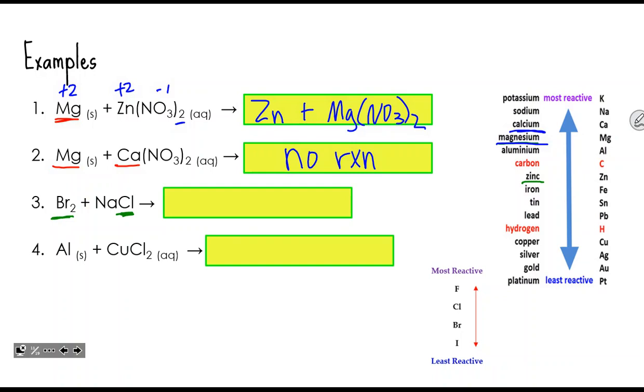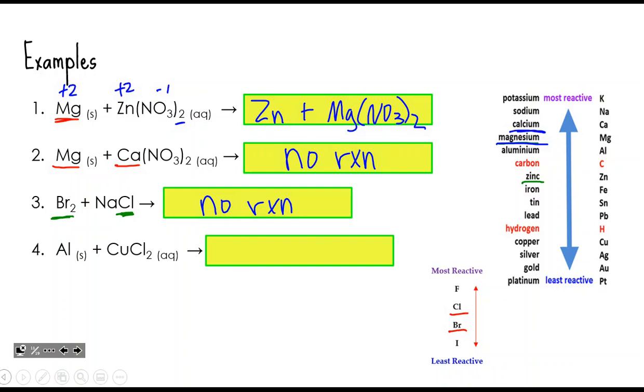The anion would switch with the anion here. Now let's go look at our chart. Here's bromine. Here's chlorine. Is bromine more reactive than chlorine? No, it is not. Very good. So this one is also a no reaction. Remember, we abbreviate reaction RXN.